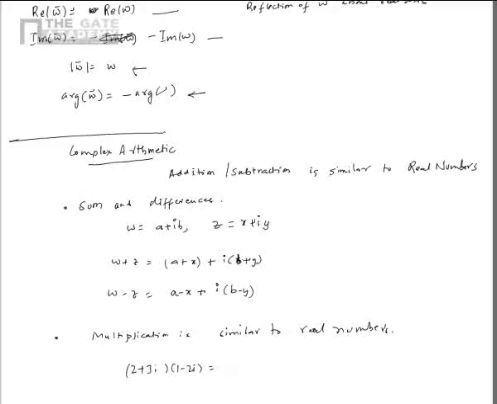It will be 2 into 1, 2, then minus 4i plus 3i, and then minus 6i squared. Now i squared you represent as minus 1, so it will be 2 minus i plus 6, because i squared is minus 1, so it is 8 minus i. So this is how multiplication is done. It is just similar to real numbers.